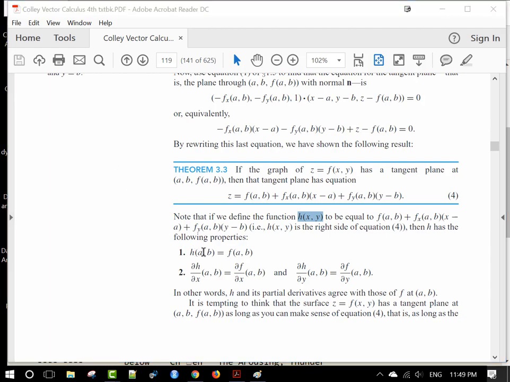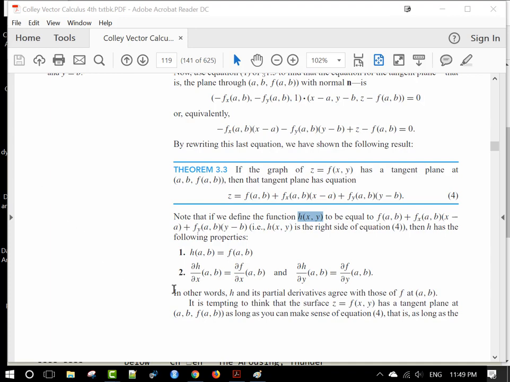Then at (a, b), h has the same height as f does. And then the second part is that the partial derivative in the x direction is the same as the partial derivative in the x direction for f, and the partial derivative in the y direction is the same as the partial derivative of f in the y direction.